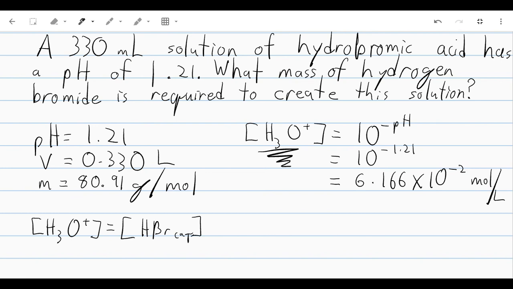So when I calculate the concentration of hydronium ions is 6.166 times 10 to the negative 2 moles per liter, I know that's also going to be the concentration of my HBr.